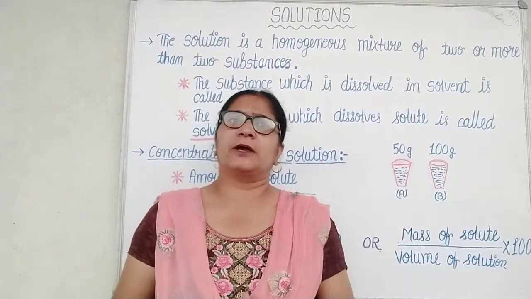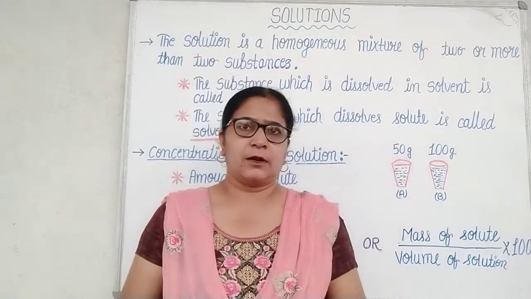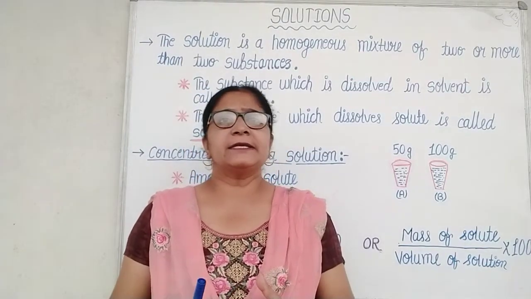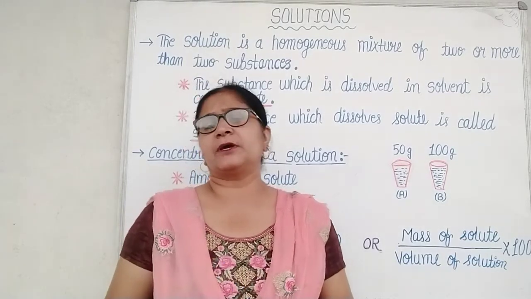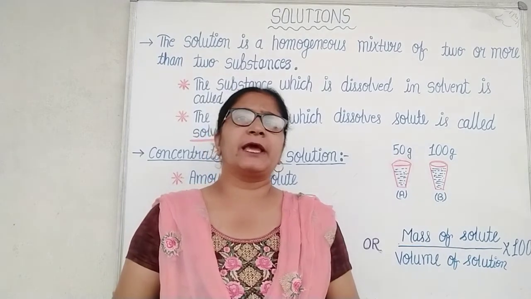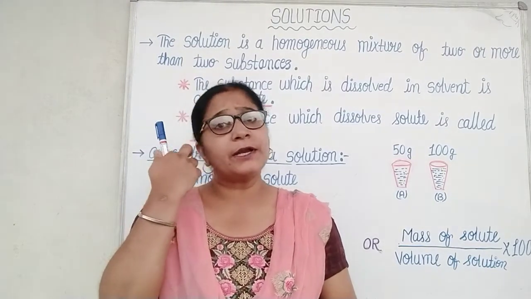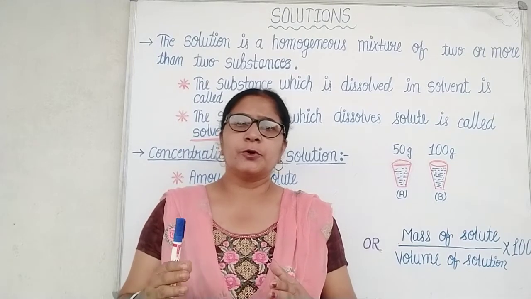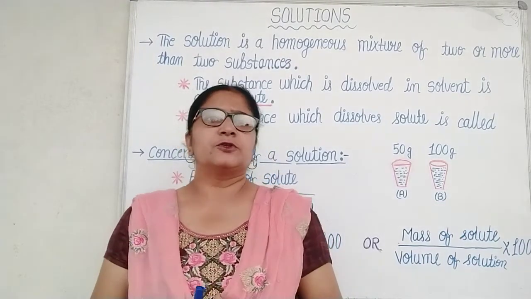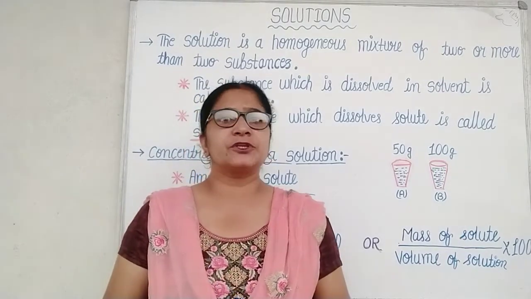In a solution, the particle size is very small, and when we say small, it is in the range of a diameter of 1 nanometer. It may also be that its diameter is less than 1 nanometer. So we just discussed that they are so small that they are evenly distributed.